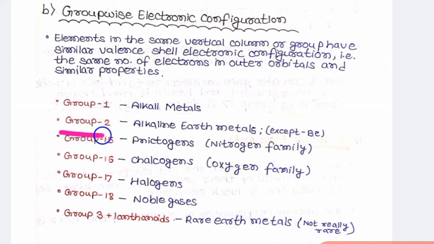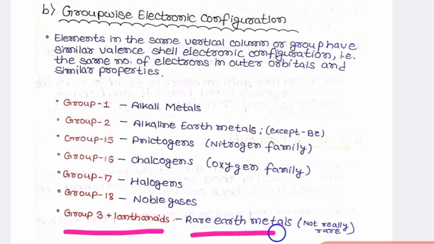Group 2 elements are also called alkaline earth metals except beryllium, and group 15 elements are also called nitrogen family elements. Group 16 elements are also called chalcogens or oxygen family elements, group 17 are also called halogens, while group 18 are also called noble gases, and group 3 plus lanthanoids are called rare earth metals.